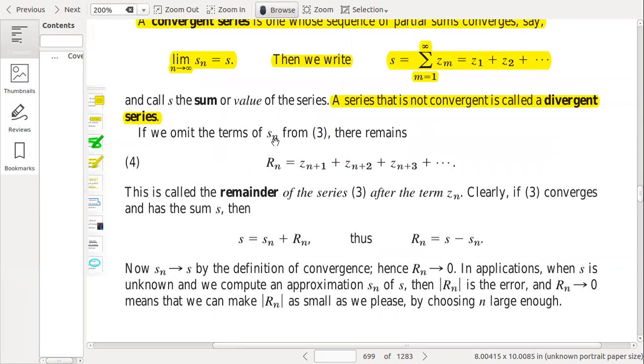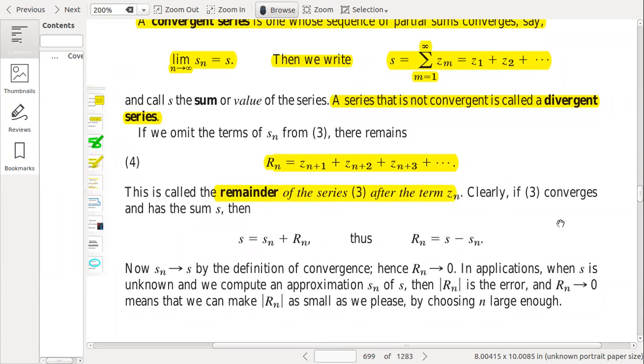If we omit the terms of Sn from the series, there remains the terms after the first n terms. We can write this as Rn equal to Zn plus 1 plus Zn plus 2 plus so on, and this is called the remainder of the series after the term Zn.